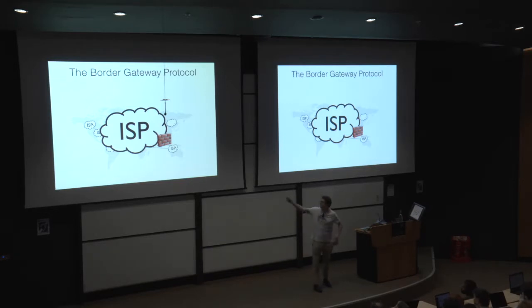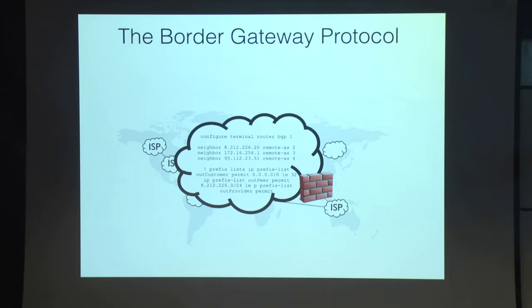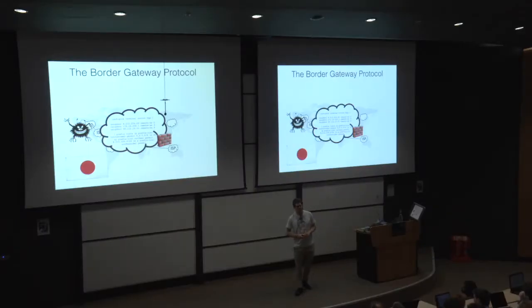For example, they might want to block some of these route announcements to a neighboring ISP. And they do that using very low-level distributed configuration, and that leads to tons of bugs. For example, just a week ago, Google accidentally leaked some of their BGP announcements to Japan and took out half their internet for several hours. And that's not good, right?